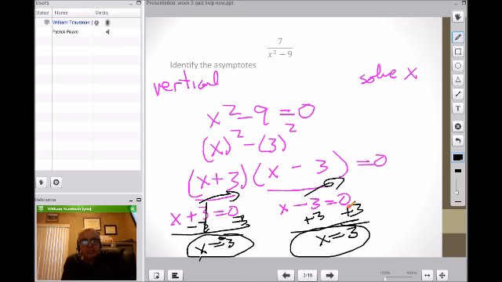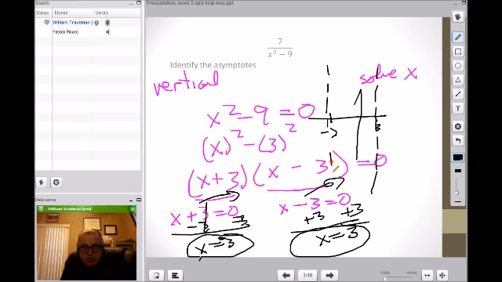These are my asymptotes. X equals is the formula for a vertical line. If I was going to graph this at 3 right here, I would have my asymptote, the invisible line right there. My graph could not cross it. And also at negative 3, I would have an asymptote, an invisible line my graph cannot cross.